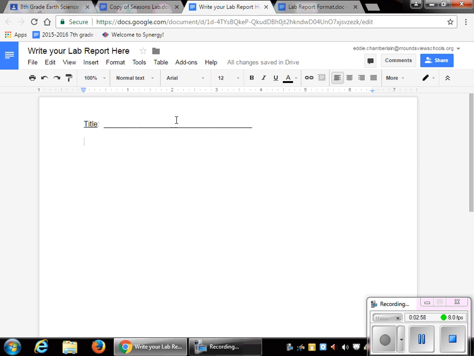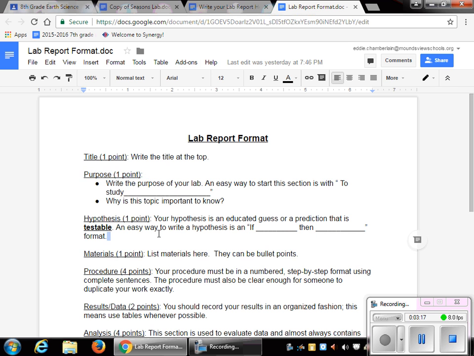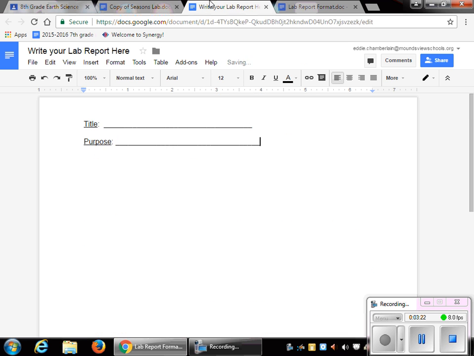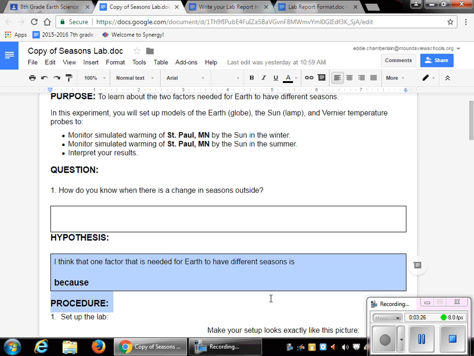So when you're writing your purpose, you should literally write purpose, underline it like this, and then you could choose to write it right from what your lab was, but it looks like we already got it right here. What are the two factors needed for Earth to have different seasons? So the rest of these are pretty straightforward too. You'll put in your hypothesis, which was your guess, which was this part, assuming you already did it. I can go right in there.